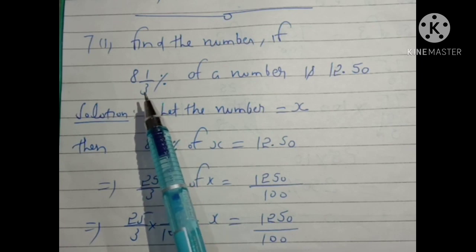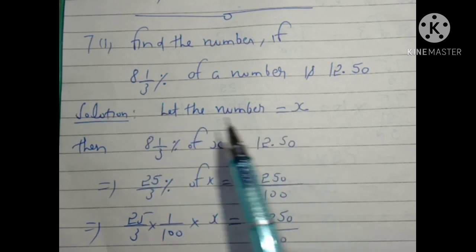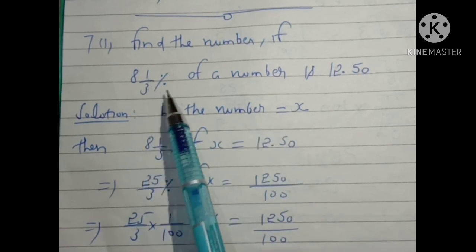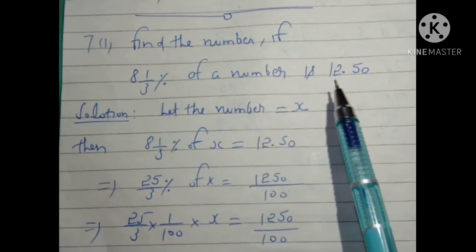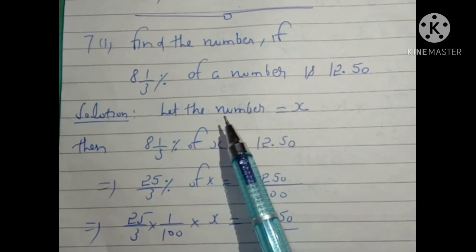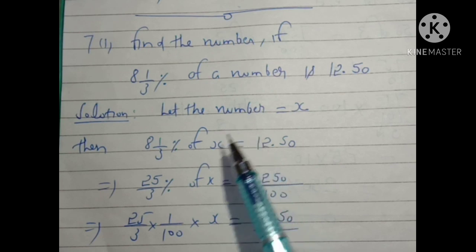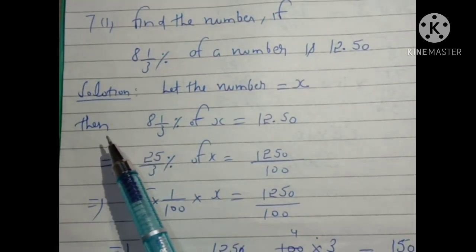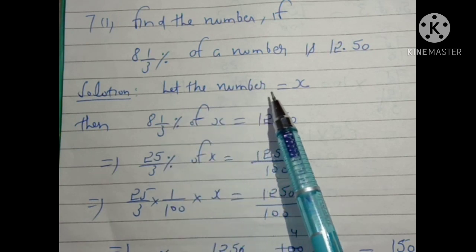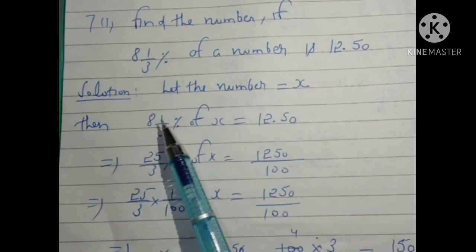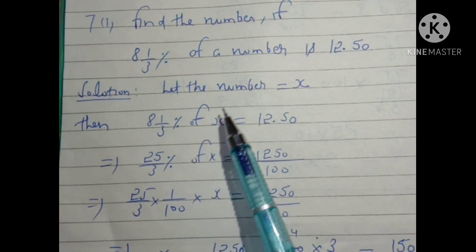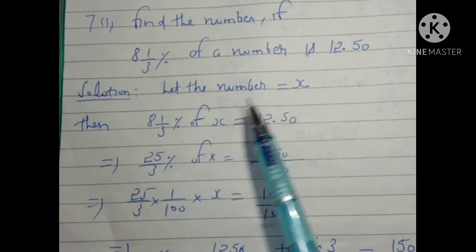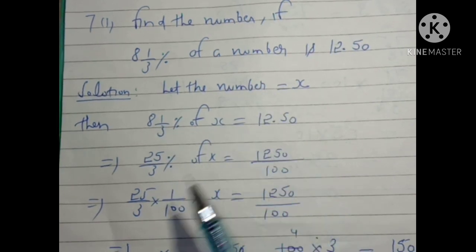Now you can see, if we suppose that the number is x, then 8 1 by 3% of x is 12.50, because just now we had assumed that the number is x. So 8 1 by 3% of x is equal to 12.50.